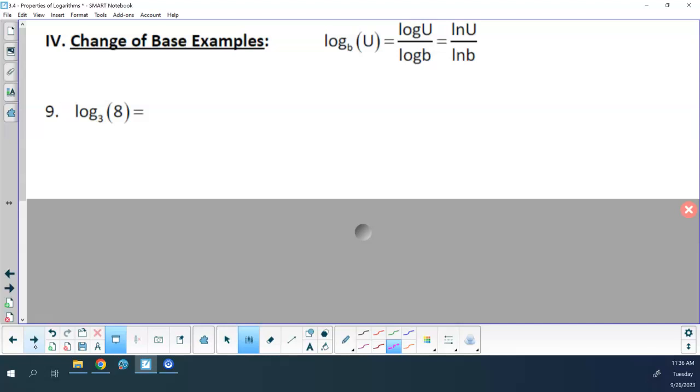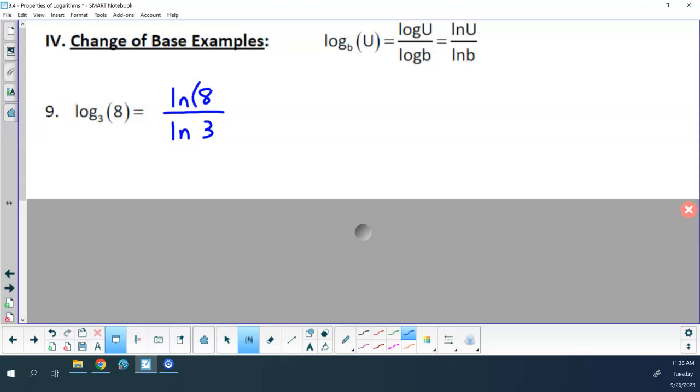So how we do this is on your regular TI calculator. Does anybody have one out? The blues or the pinks or anything like that? You could do the natural log of 8 divided by the natural log of 3. Now I will tell you that using those calculators, it opens up a set of parentheses when you hit log or when you hit natural log. You've got to close that parenthesis.